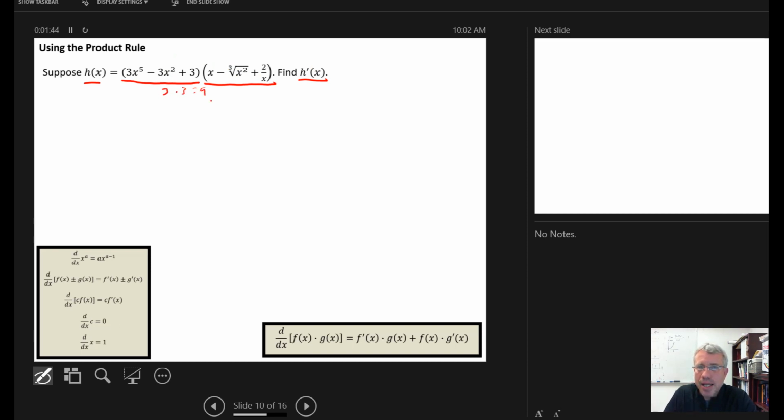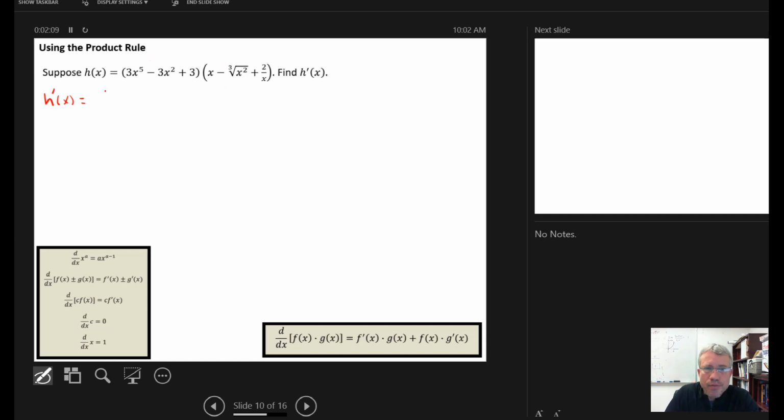We would get 9 individual terms if we multiplied these two functions out. And then we could use these techniques here in this box to take the derivative of each of the individual 9 terms. So what the product rule is going to allow us to do is find the derivative of h without actually having to multiply the two expressions out.